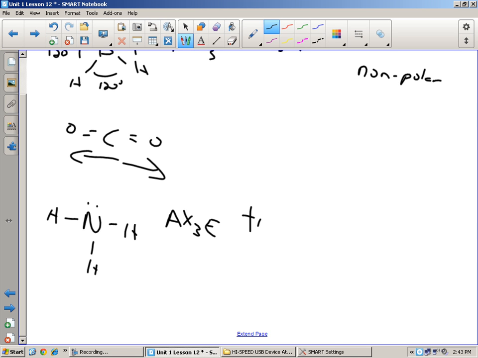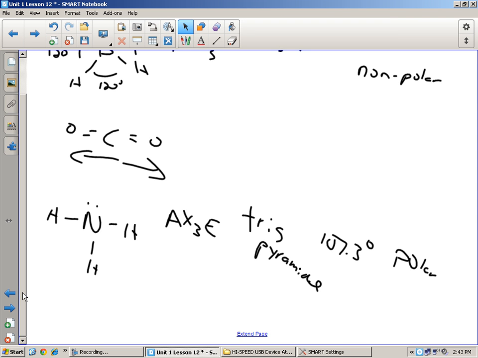AX3E, trigonal pyramidal. Make sure you know all the names for tomorrow. 107.3. This is most certainly polar because it's got an E in the formula, right? Here's your example of nitrogen trihydride, or ammonia, right here.